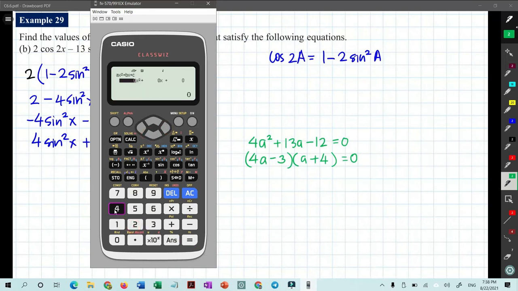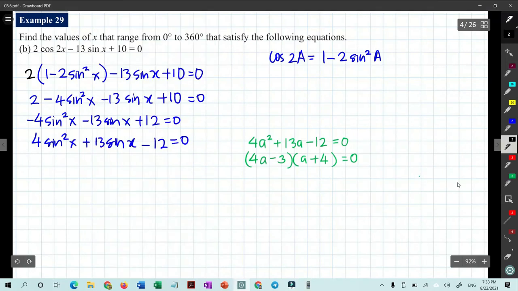Okay, the value of a is 4, b is 13, c is negative 12. Okay, so we get 3 over 4. So when you put inside the bracket, it becomes negative 3, and over 4 you bring it in front of the a. And next, minus 4, so inside the bracket it becomes plus 4.